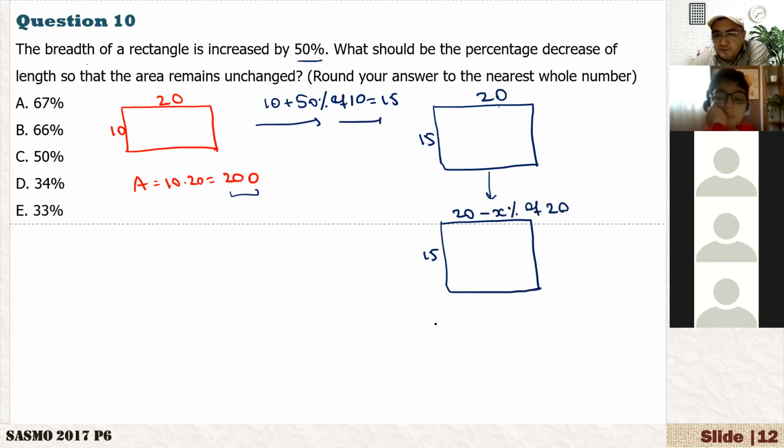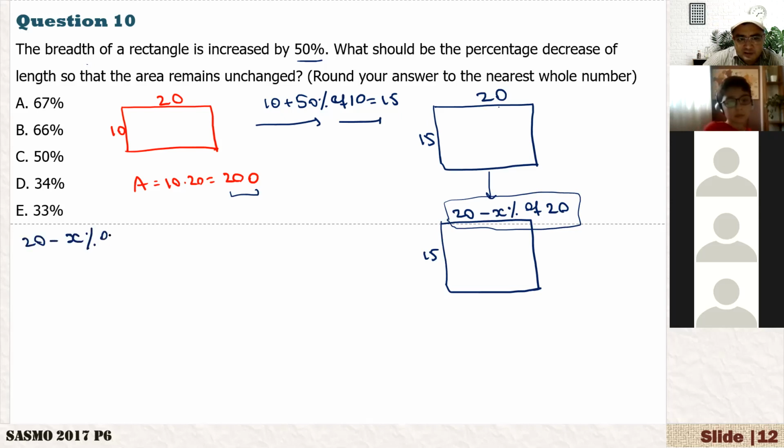So minus X% of what? It is 20, right? Maybe you have seen this kind of algebraic expression. If you simplify this, that's very easy stuff. So this is 20 minus X% of 20. What does it mean? It means that you are decreasing 20 by X%.